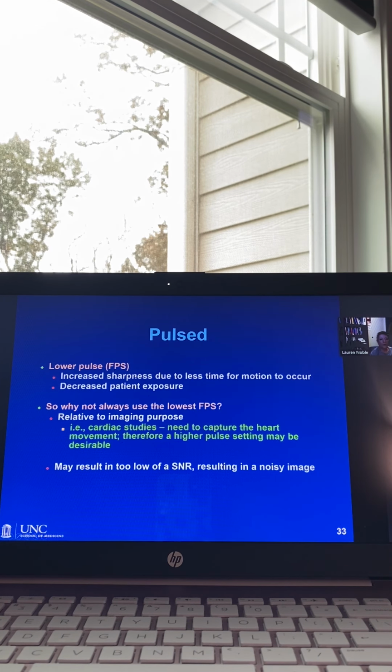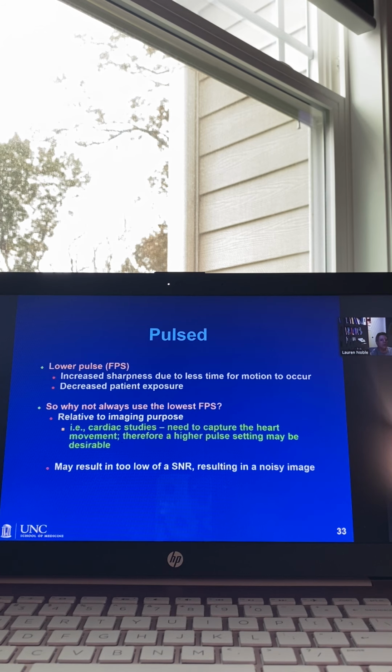So as that pulse gets lowered, like if you move down to 7 pulses or 3.7, you're reducing the time for motion to occur, and your images can be sharper, and you can even have less exposure.